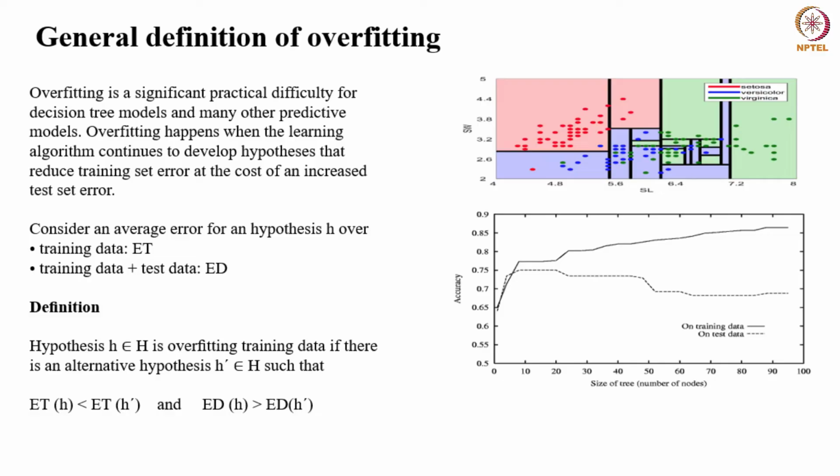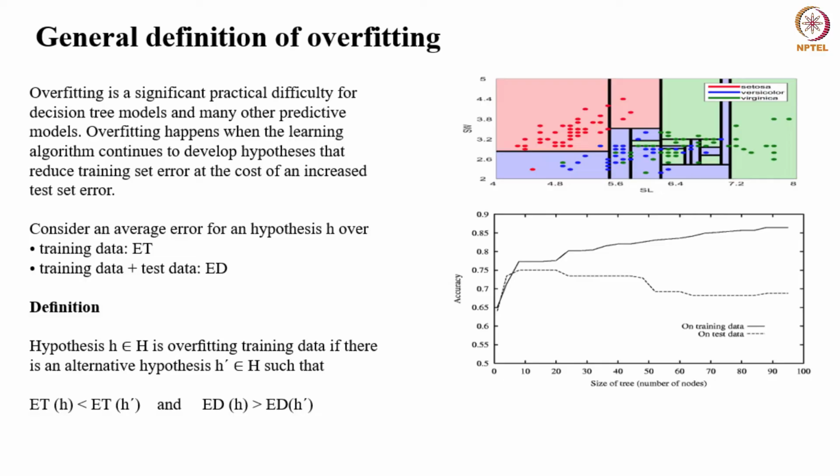So let's introduce a few definitions. Let's say that the average error of a hypothesis for the training data is called ET, and the corresponding average error for all data altogether is ED.